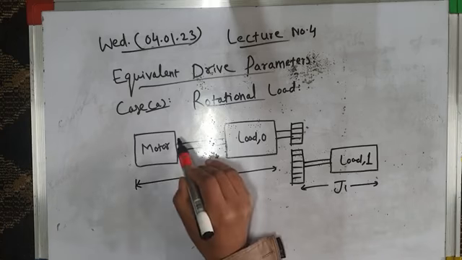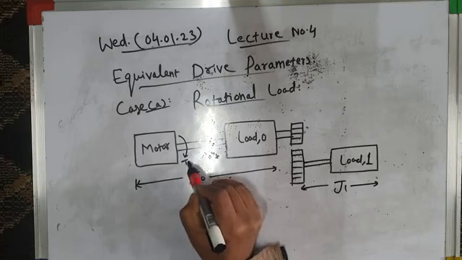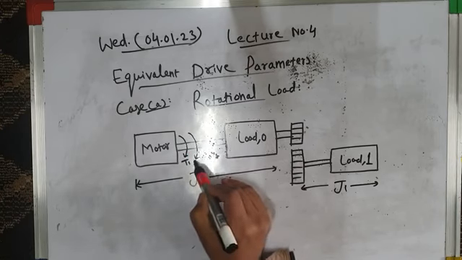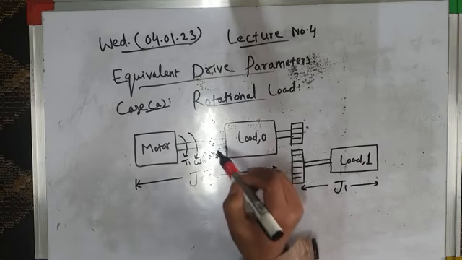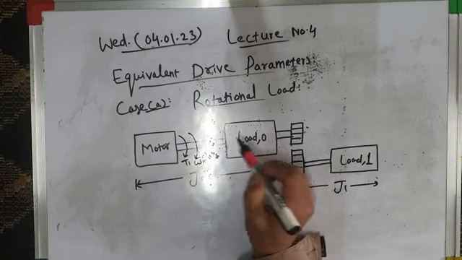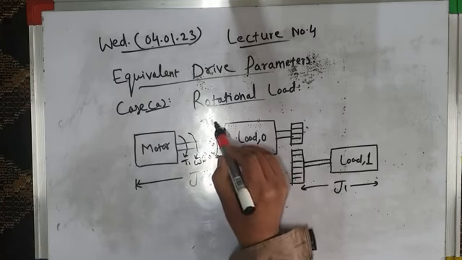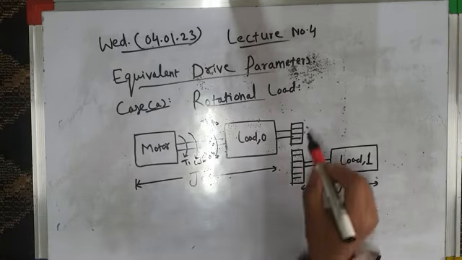Okay. Let us assume that the motor develops an electromagnetic torque T, which puts the motor and its driven load into rotation, and the load runs at a speed of omega m. So what is the opposing torque of the load, or in other words, what's the load torque? Let's call that TL0. TL0 is the load torque of load 0.